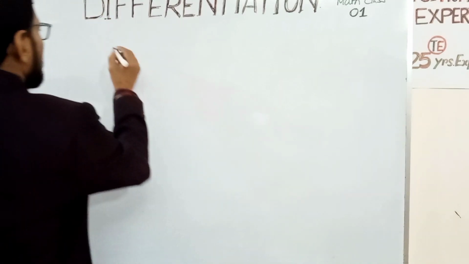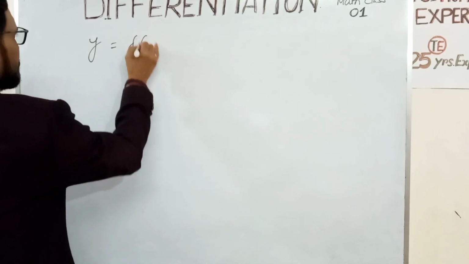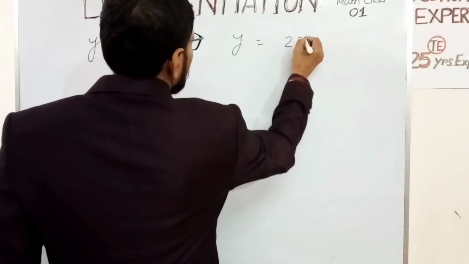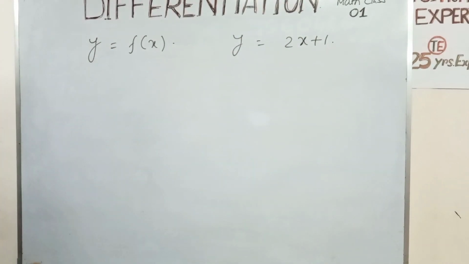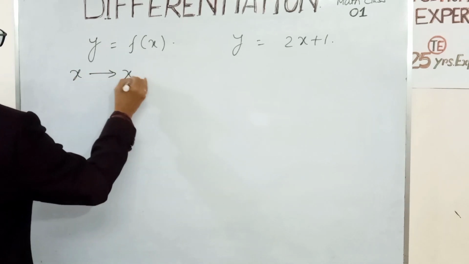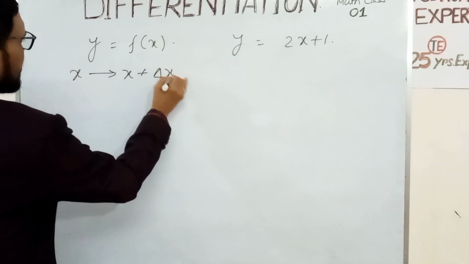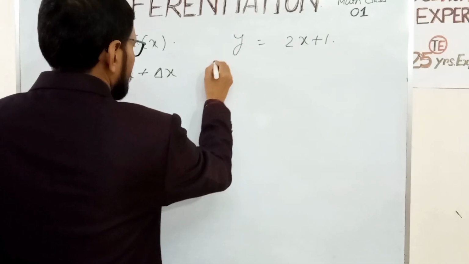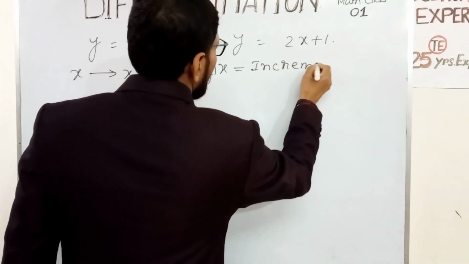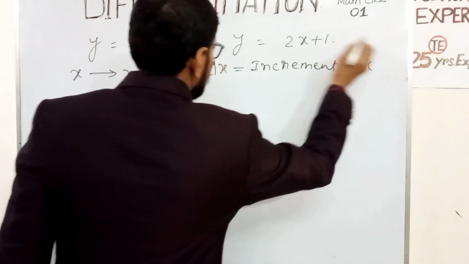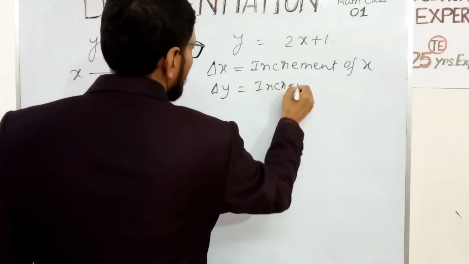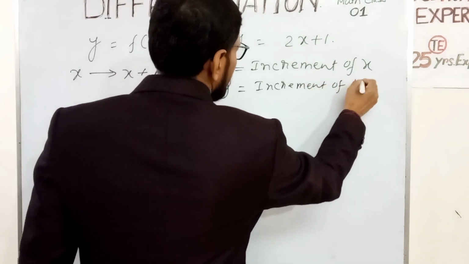Suppose the function y equal to f(x). For example, we take the function y equal to 2x plus 1. Now if x is increased to x plus delta x, delta x is the increment of x, and similarly delta y is the increment of y.